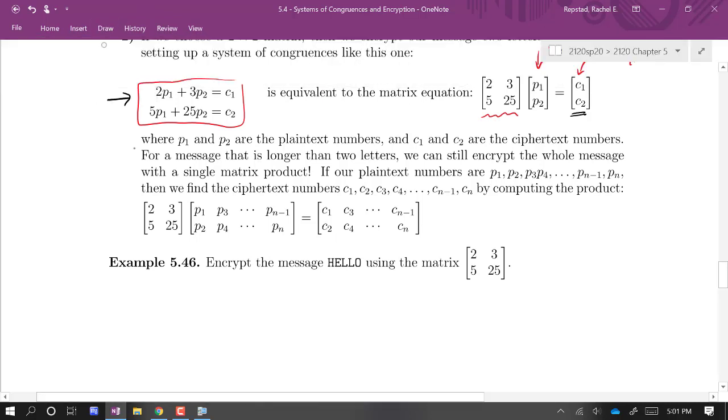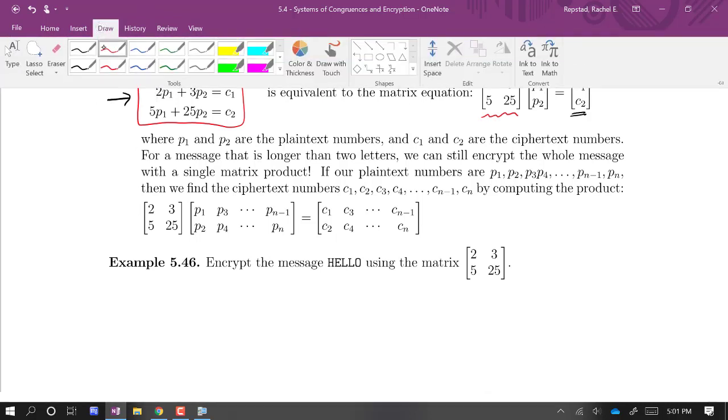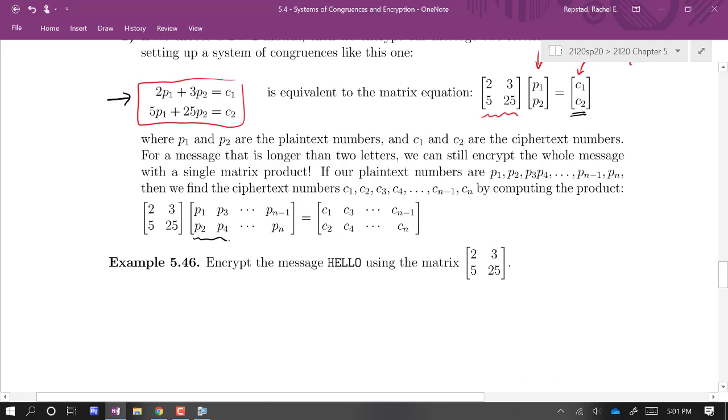So if I'm using a 2x2 matrix to encrypt, I just have to use a 2xn matrix to put my plain text numbers in. Just make sure that it goes in this order. You put them in column by column, so P1, P2, P3, P4. Don't put them in row by row, but column by column. And then it spits out the ciphertext messages column by column.